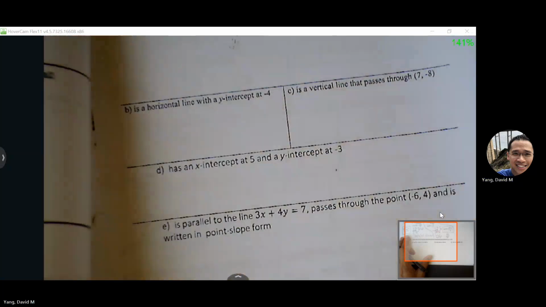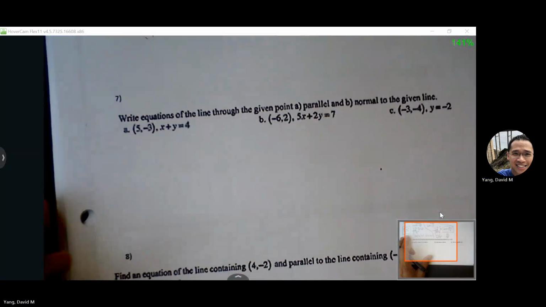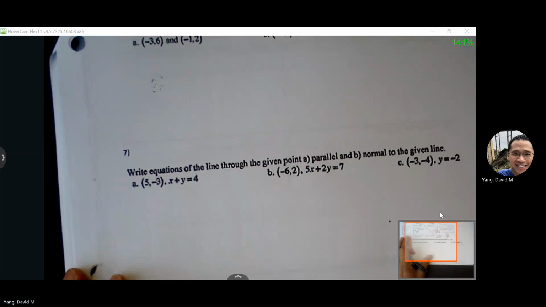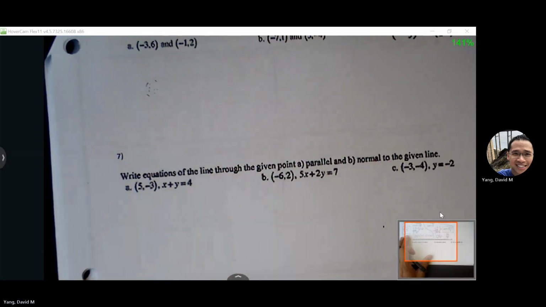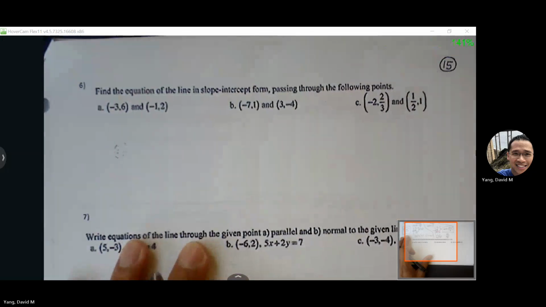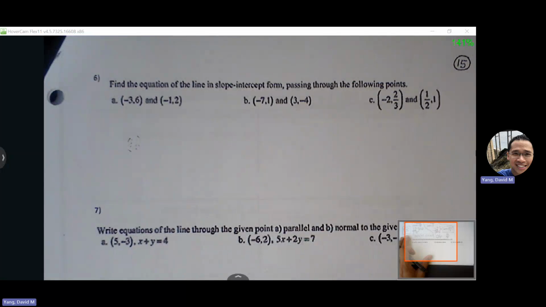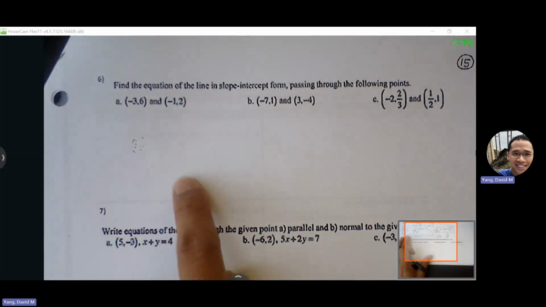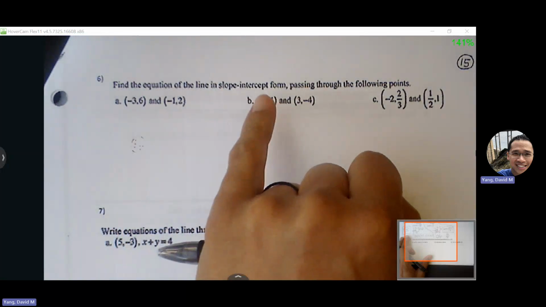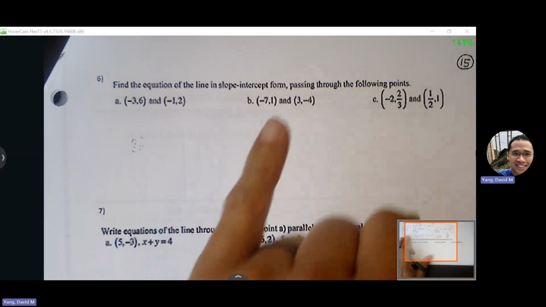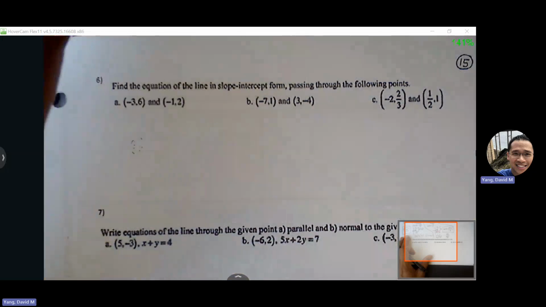Okay, next page. Okay, page 15, I think. These are all following the same process here. Find the equation in slope-intercept form. It says slope-intercept form, but let's just do it in point slope form.